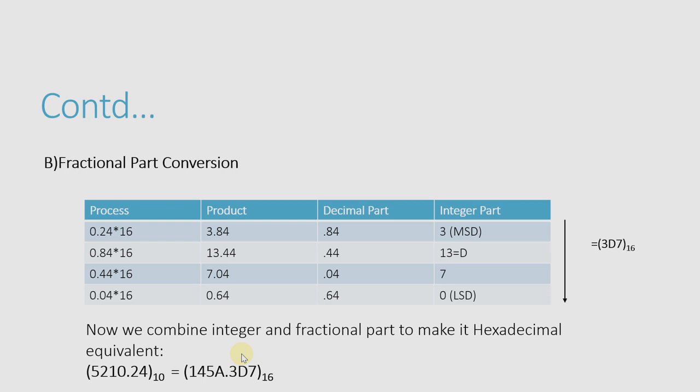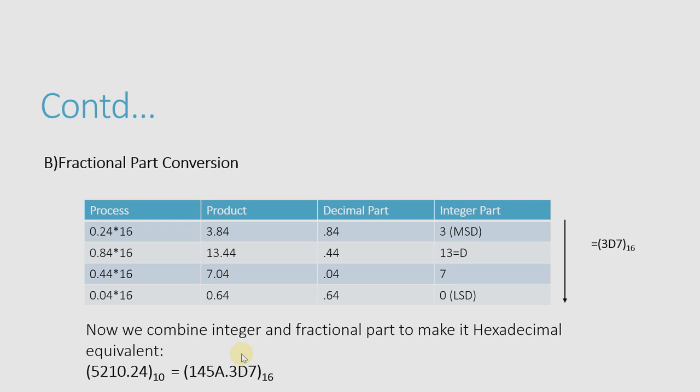Next you have to solve the fractional part. In the fractional part you always have to remember, we always do the process of multiplication with the new base, that is, for binary we use 2 for the multiplication, for octal we use 8, and for hexadecimal we use 16. Keep on multiplying and write the fractional and integer parts separately in separate columns, and take up the fractional part, keep on multiplying until the product becomes 0, or up to the desired accuracy, or we can say that till 3 to 4 steps we will show the calculation and then we stop.